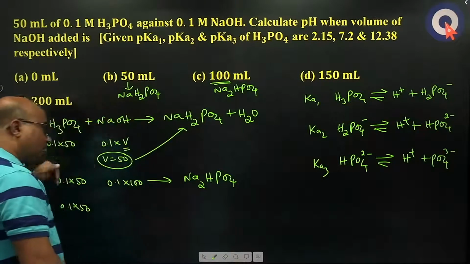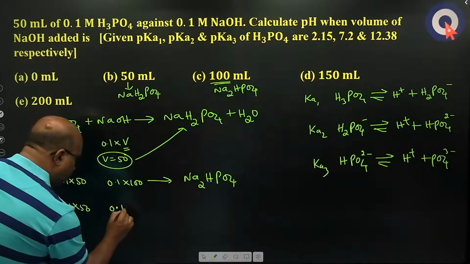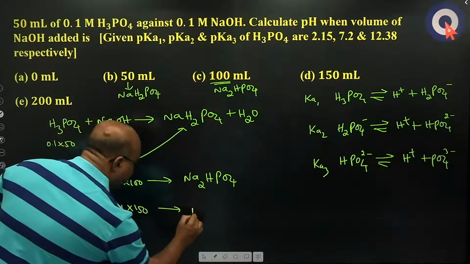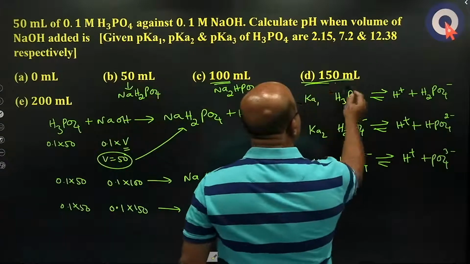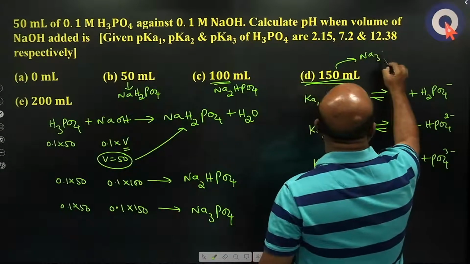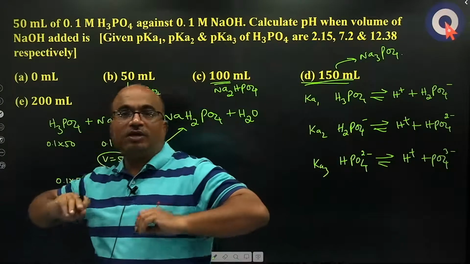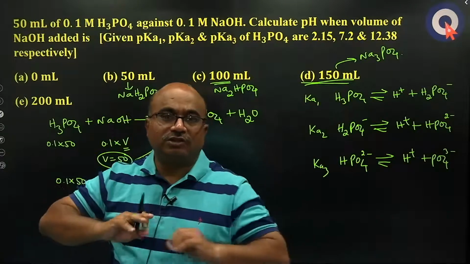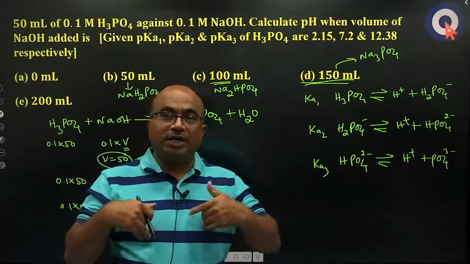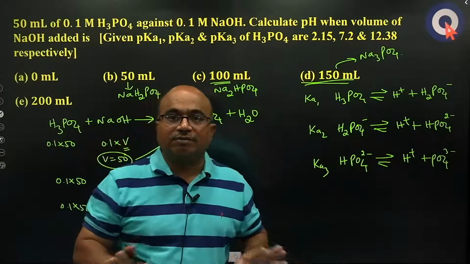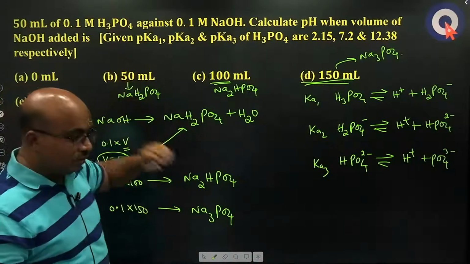This converting back into this you can also take, but it is one way. 0.1 into 150 now gives Na3PO4. So at this situation, we have Na3PO4. When you add 200 ml, the H3PO4 was completely neutralized, and it is mainly Na3PO4 and excess NaOH, because at 150 the H3PO4 was completely neutralized.